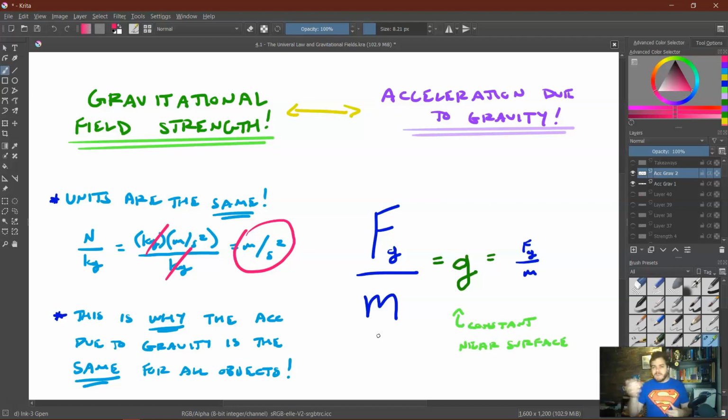But if I put something really tiny there instead, like a feather, it's going to experience a much smaller gravitational force. But when we divide those by each other, we're always going to get the same constant value, specifically 9.81 newtons per kilogram, or 9.81 meters per second squared, near the surface of the Earth.